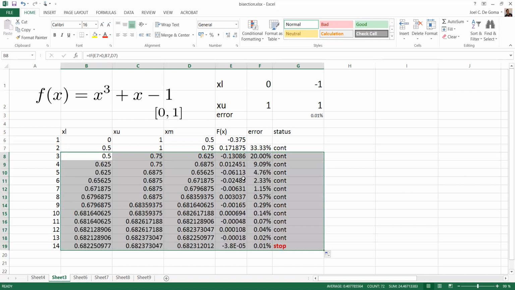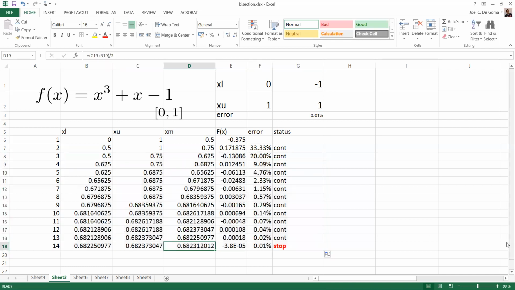Based on this, on the 14th iteration, we're going to have 0.01% error, which is equal to the desired error. So this will be one of the roots of our x: 0.6823.